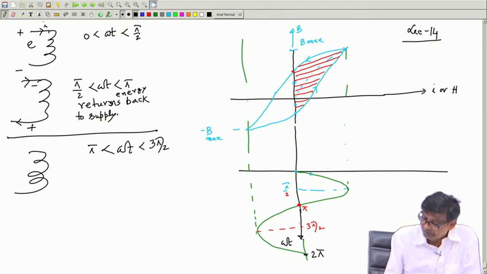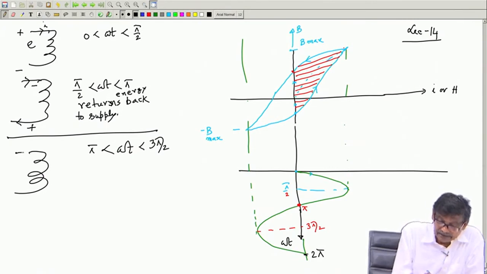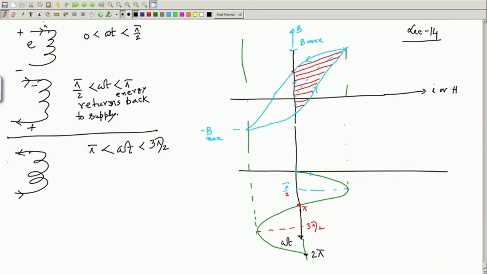During this portion, current is negative, meaning current is actually entering through this and coming out from this. This is the negative current. And the induced voltage, because dB/dt is positive, still remains plus minus. So, it once again absorbs energy, because the current is entering through the plus.